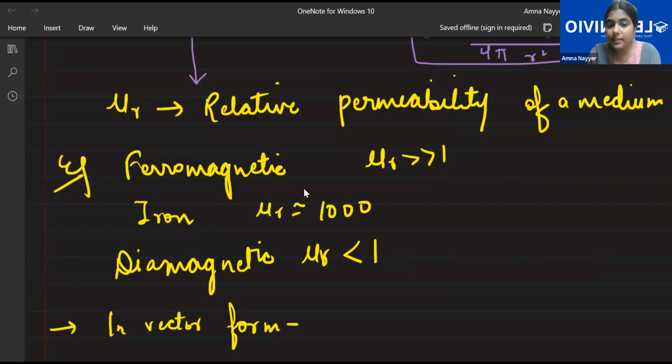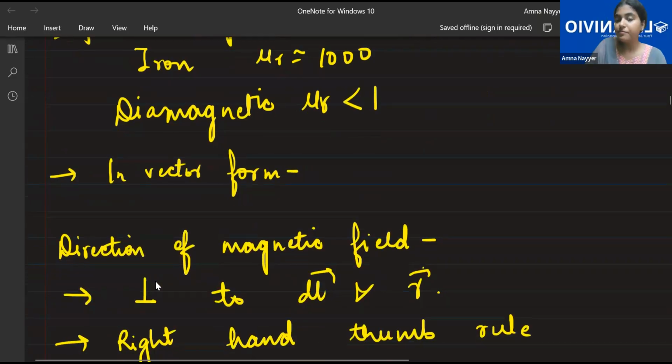Ferromagnetic substances have relative permeability greater than 100. For iron, which is a ferromagnetic material, it is almost 1000. Then diamagnetic materials have lesser than 1, 0.0-something like this. So this is how you have to use the relative permeability in the next chapter. That's why I've just mentioned a bit of it. In detail, we'll do it in that chapter.